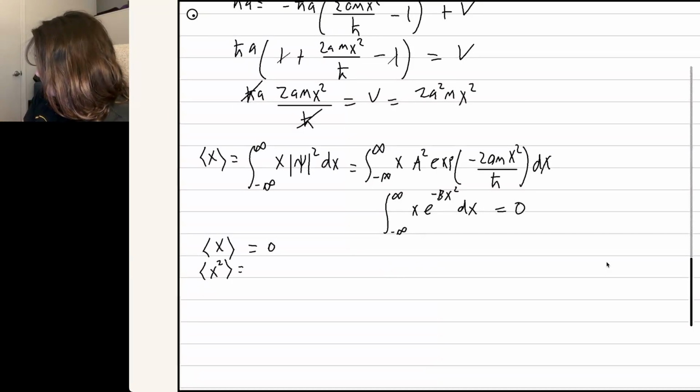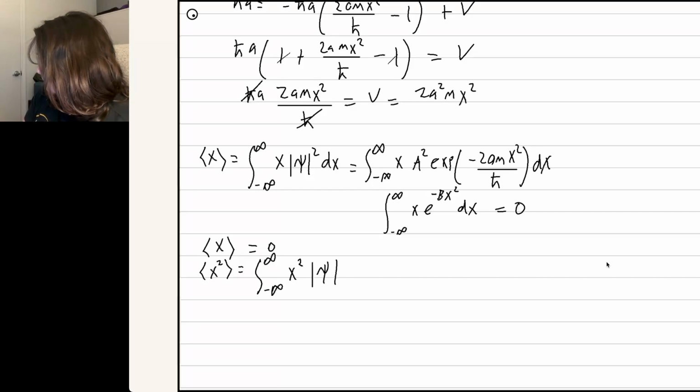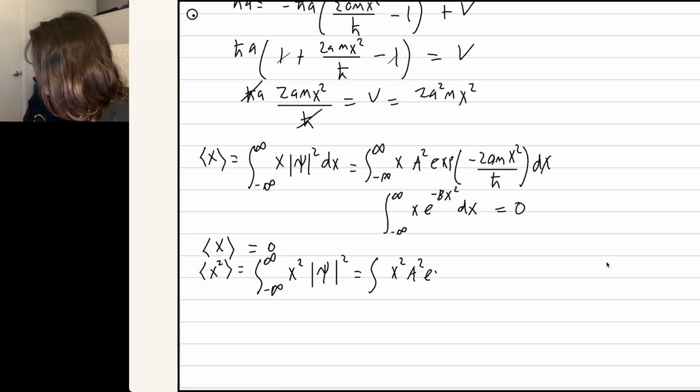X squared, though, is a little bit different. It's the integral over all space of x squared psi squared, which is going to be x squared a squared exp minus 2am x squared over h bar dx.